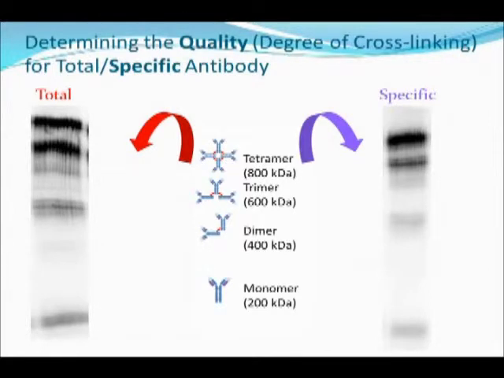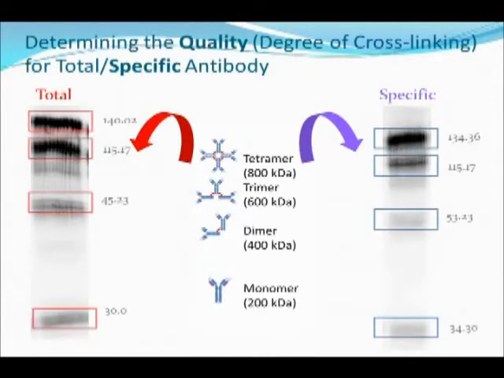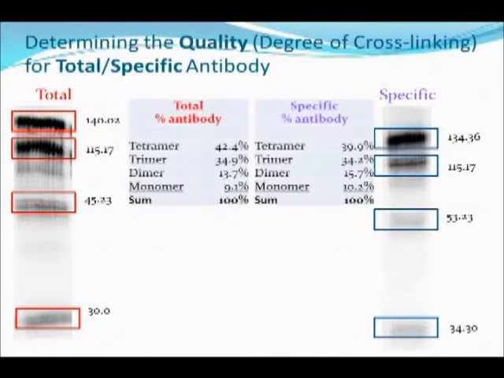But I can't quantify that by eye, and that's where densitometric analysis comes in. I use software to determine the intensity from each of these bands. I just highlight it with a box with the software, and it gives me a readout. From there, I can very simply in Excel figure out the proportions that each of these bands makes up.